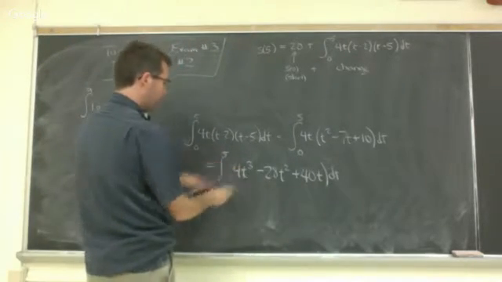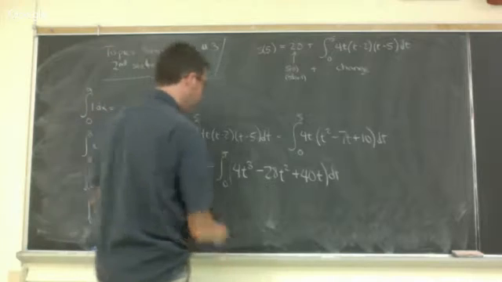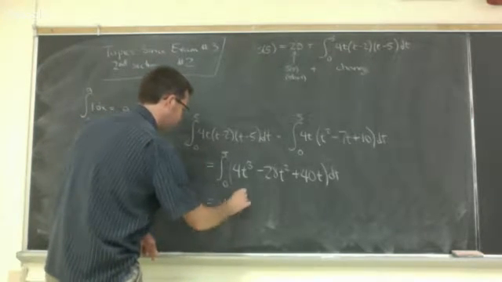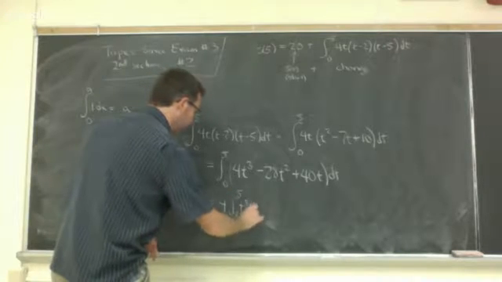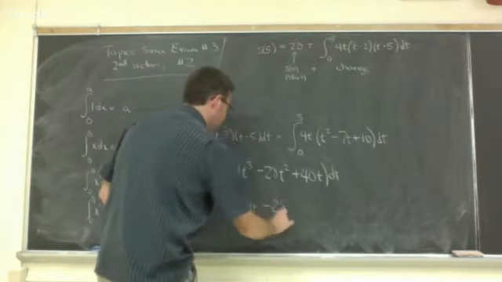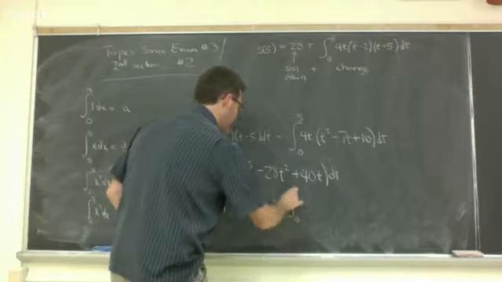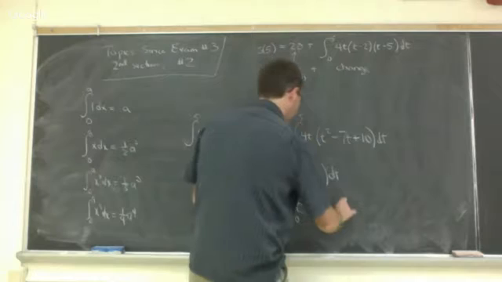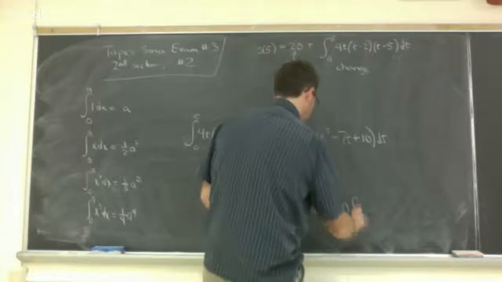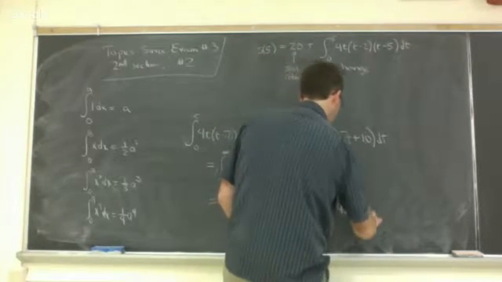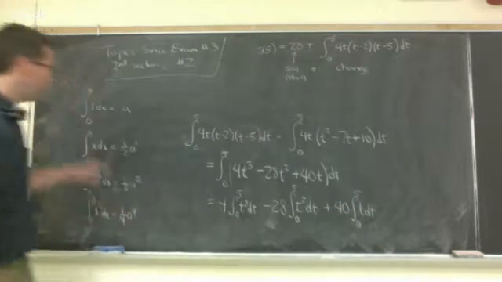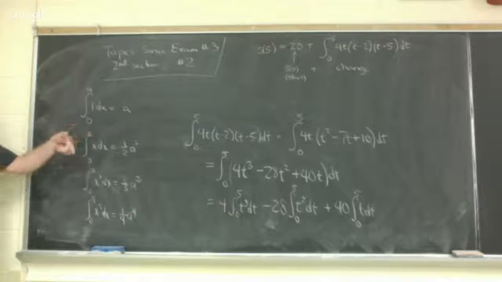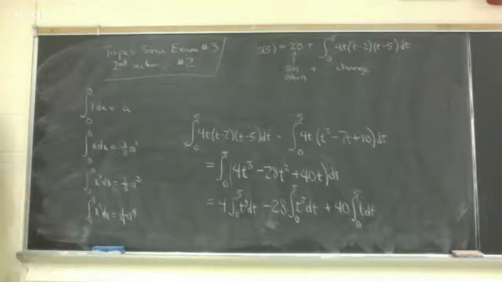I get 4 times the integral of t cubed, minus 28 times the integral from 0 to 5 of t squared dt, plus 40 times the integral from 0 to 5 of t dt. Now the letter of the variable doesn't matter, whether it's x or t or anything else, the rules are the same.